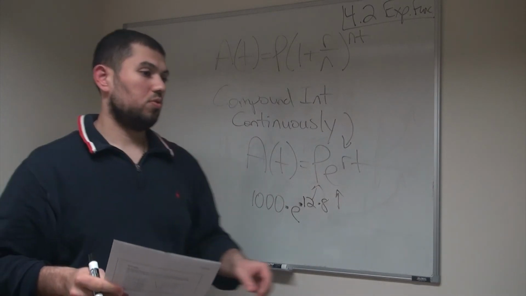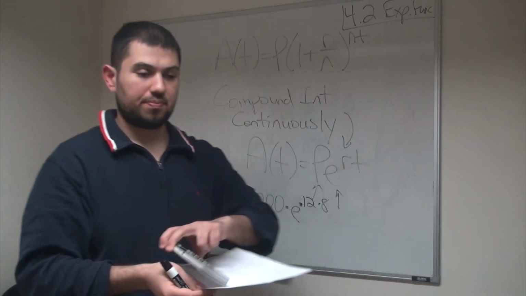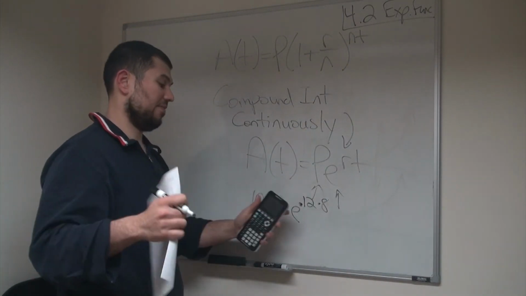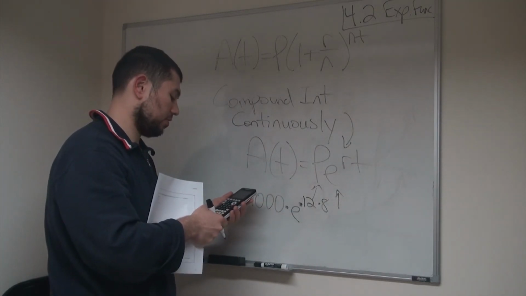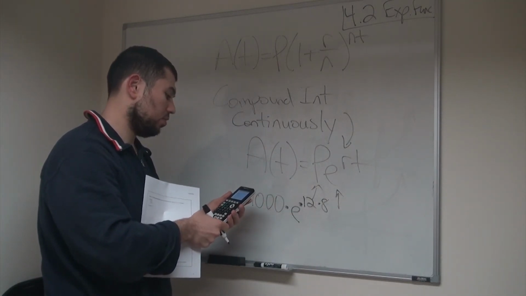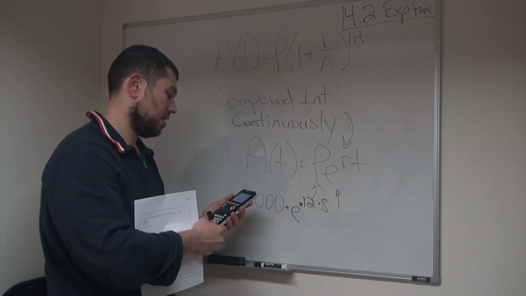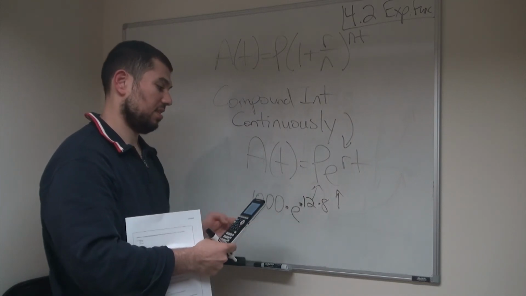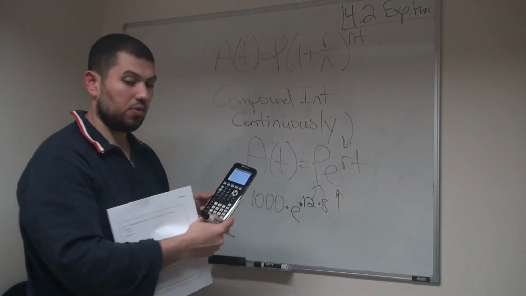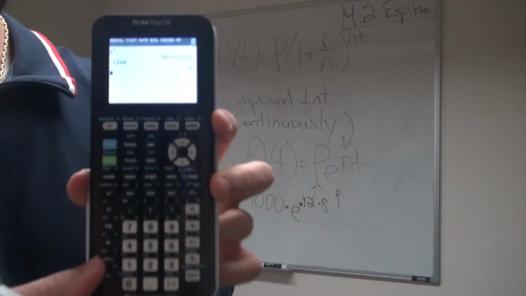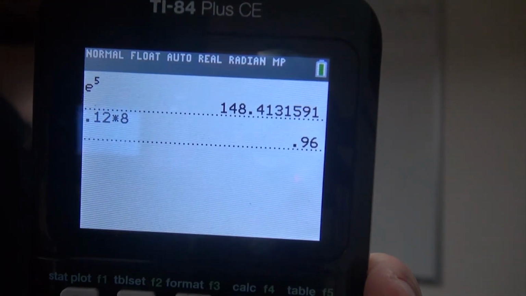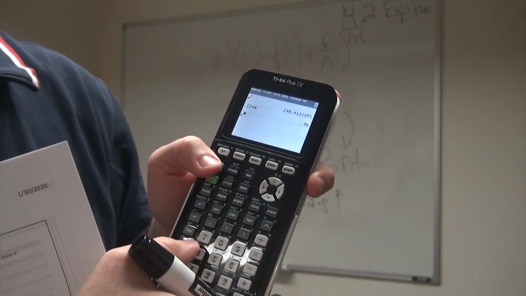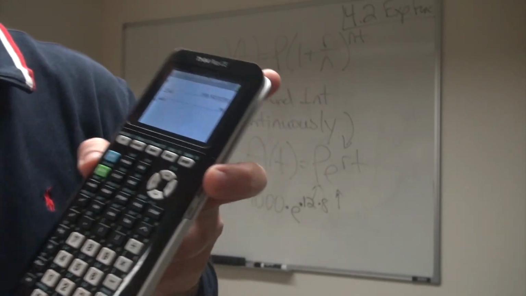So in order to minimize error, I recommend evaluating the exponent first. 0.12 times 8. That gives me 0.96. Then I can go into my calculator. So I did 0.12 times 8, get 0.96. Then I'm going to do second e to the power of the answer.